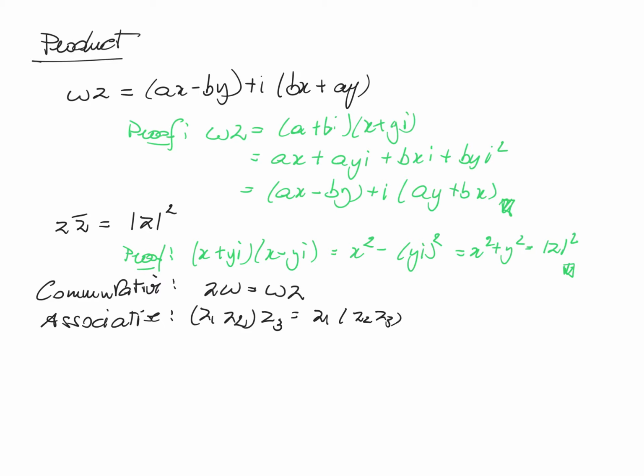And finally, we also have distributivity. So this means that if I have the multiplication of a sum, so I have z1 times z2 plus z3, this is just z1 times z2 plus z1 times z3.